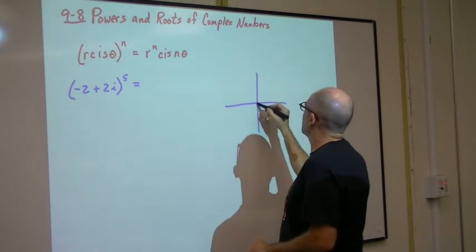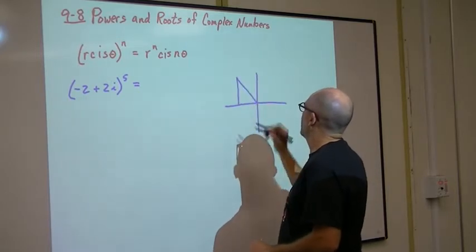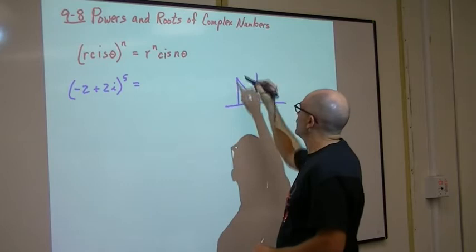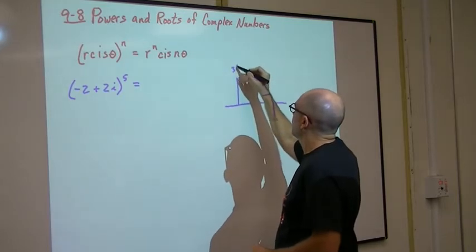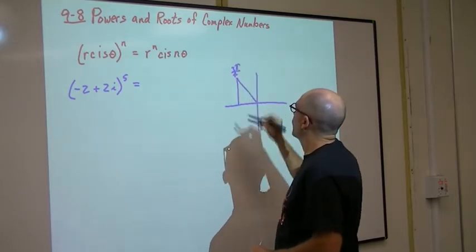Negative 2 plus 2i is going to be this angle right here, so it's clearly 3 pi over 4.